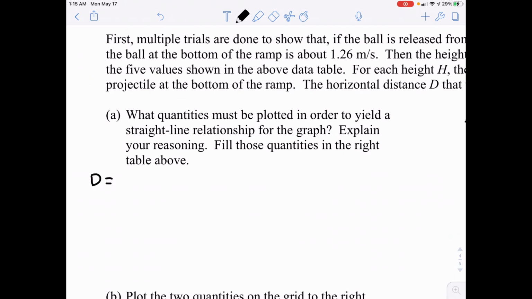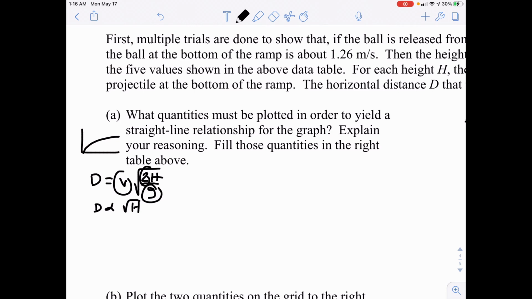Distance equals velocity times the square root of 2h over g. Now, what you can see here is that distance is proportional to the square root of h, because remember, this is a constant, this is a constant, this is a constant. In other words, the graph would yield a square root function, not a linear function.